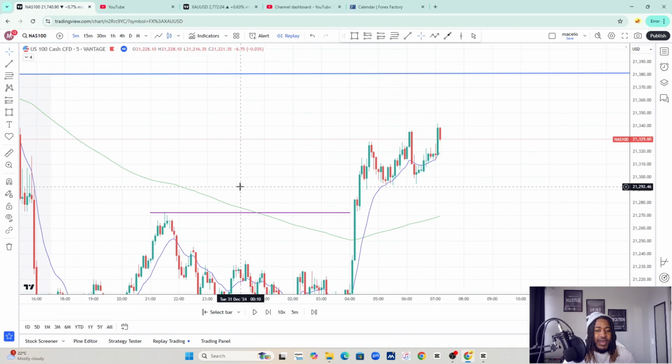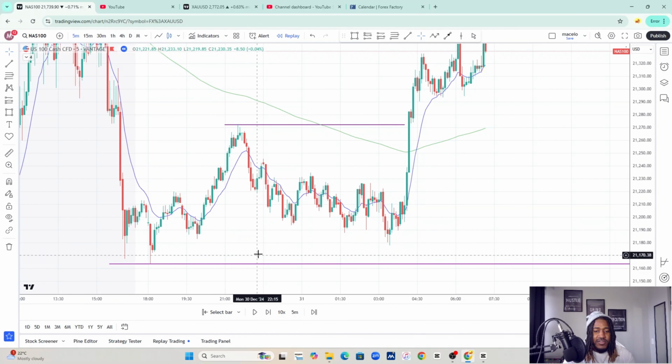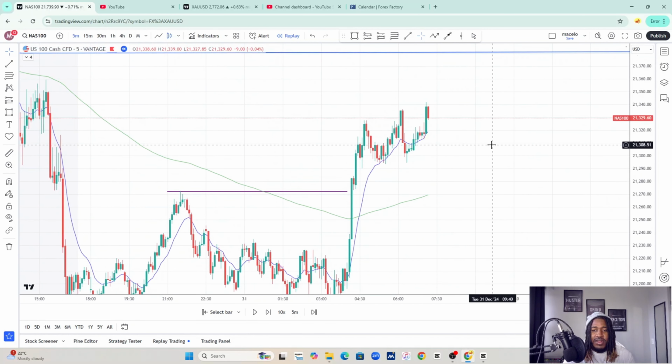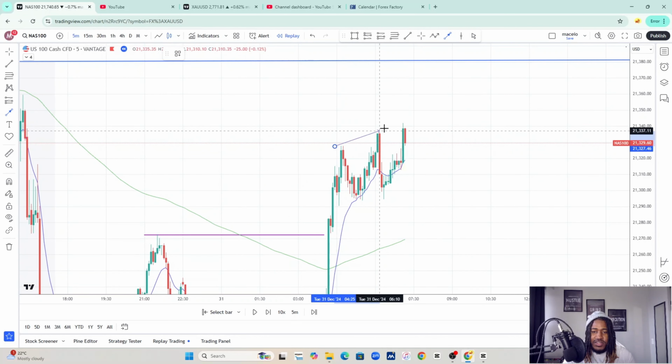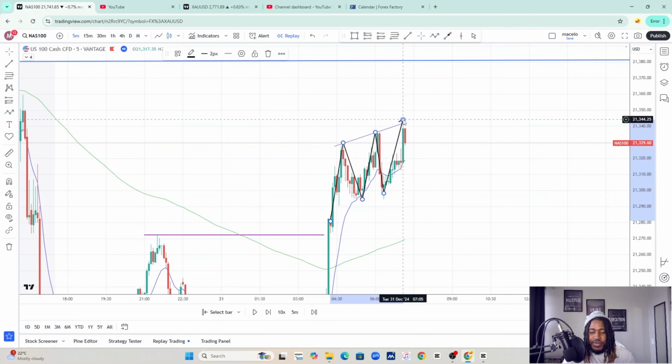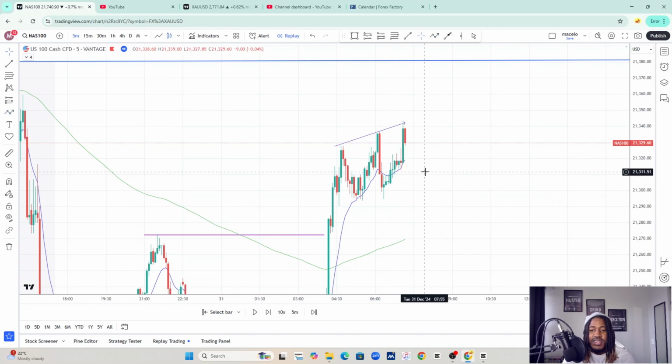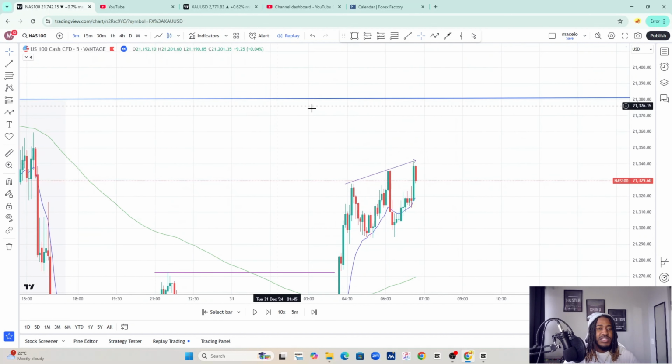So on my 5 minute, you notice that I have this low, this high, this is the 15 minute. So you notice I'm making a trend now, but the trend looks like a divergence. So divergence would be like that, where you have price making some kind of range in a way, but the range is still going towards, I'll say, the area that I'm looking for it to go to, which is this.